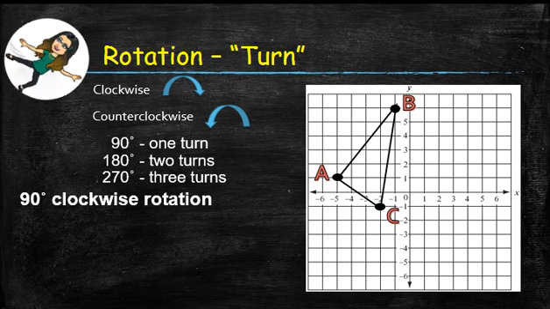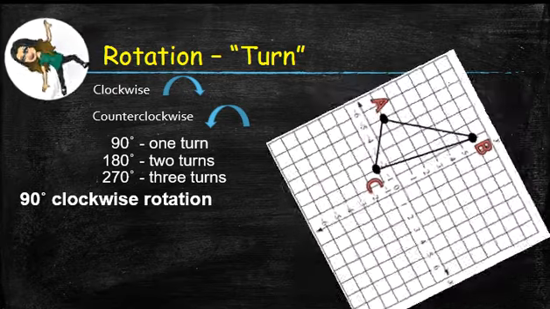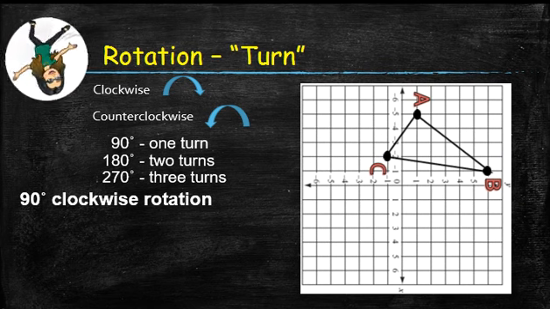For this one, we're going to do a 90 degrees clockwise rotation. So what I'm going to do is I'm actually going to take my graph and I'm going to turn it. So now I'm going to pretend like, I know you see these numbers up here that say -1 to -6 at the top. We're going to ignore those and pretend we're looking at a regular graph. We're just going to read our new points.